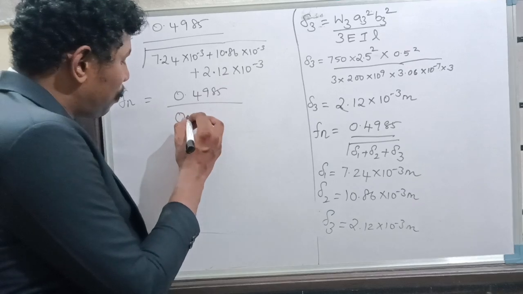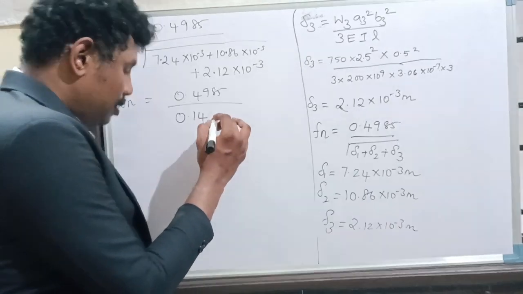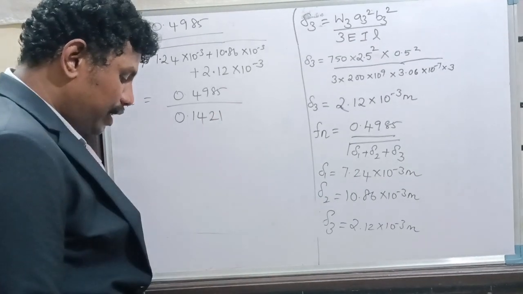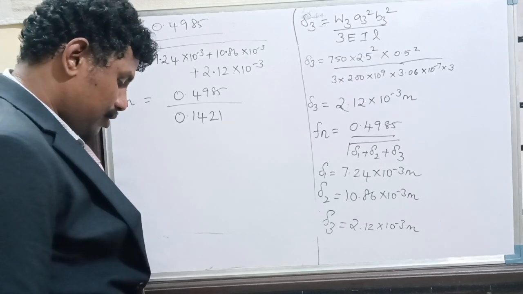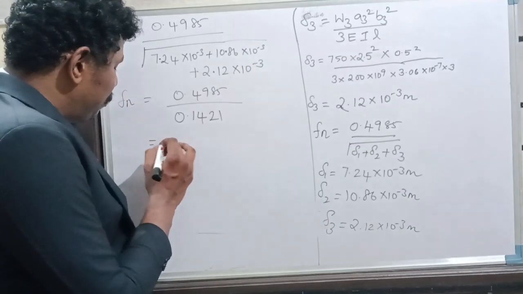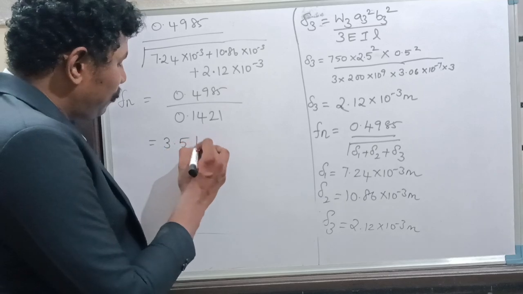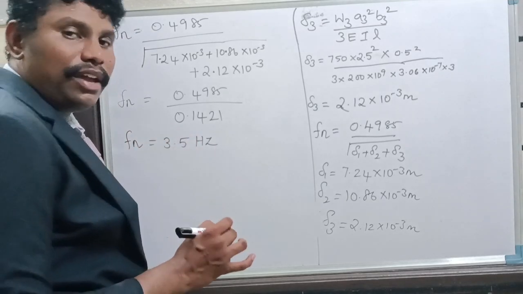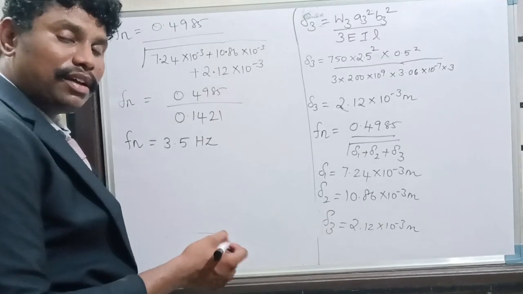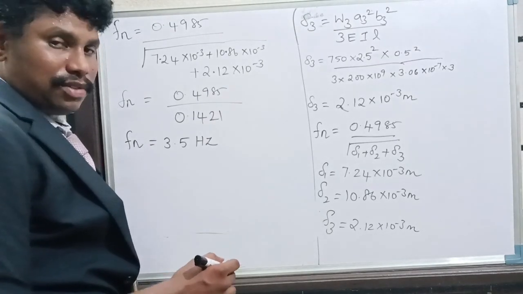So it is 0.1421. So by dividing numerator and denominator, the value that we'll be getting is 3.5 Hertz. So this is the way by which we can determine the frequency of the transverse vibration.